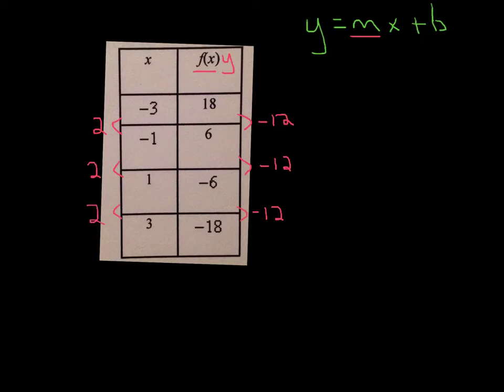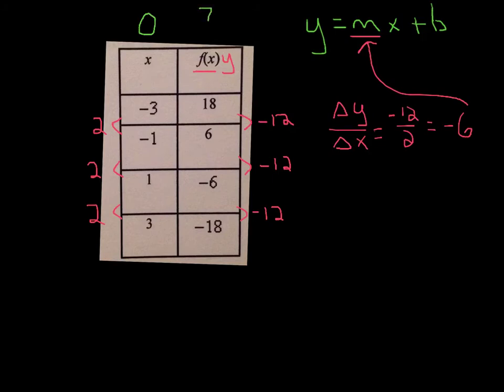So to find the slope, change in y divided by change in x is -12 divided by 2, which is -6. So my slope is -6. Now the problem is finding the y value that matches up when x is 0.